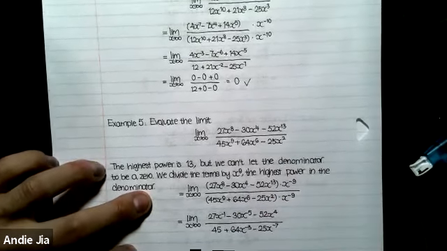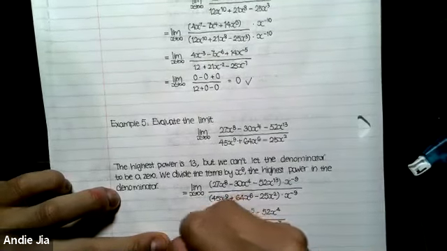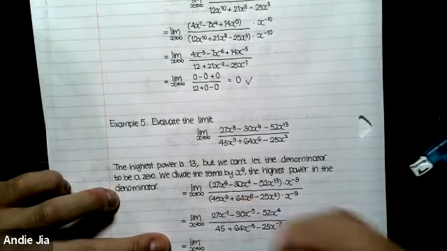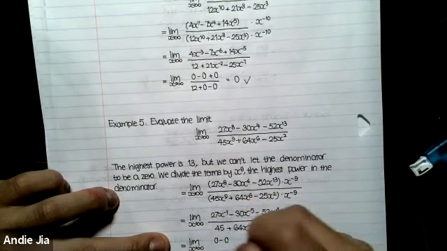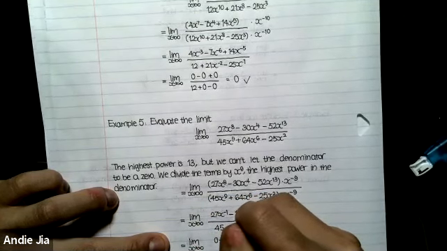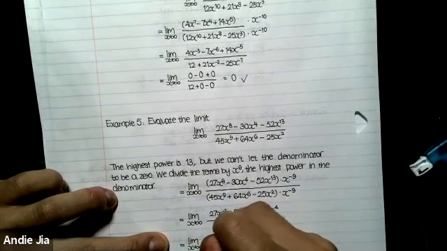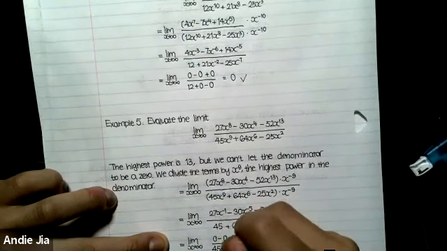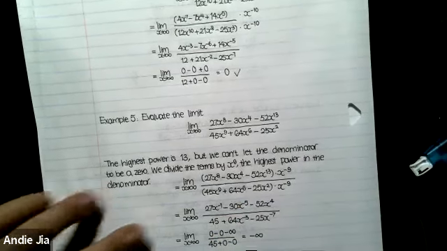Then we apply the limit law: 0 minus 0 minus infinity over 45 plus 0 minus 0. So it is negative infinity.